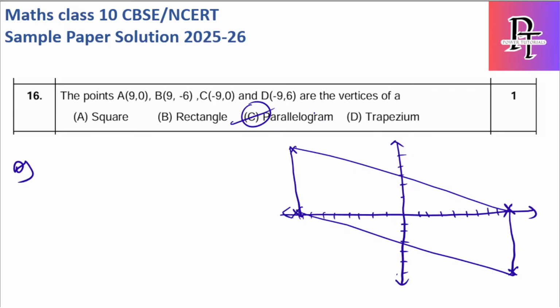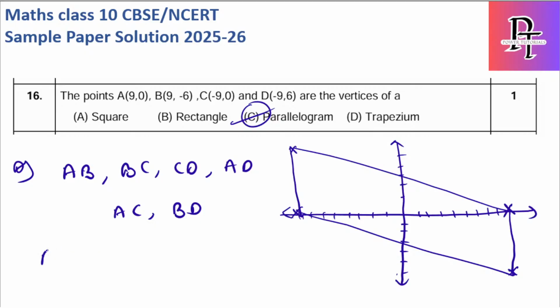But the same question, if they ask you for 2 or 3 marks, then how to solve, I will explain. So if it asks for 2 or 3 marks, we have to find the distances, which are AB, BC, CD, AD. At the same time, we also need to find the diagonals, which are AC and BD. Okay, so let's start one by one. All 6 I will help you how to find.